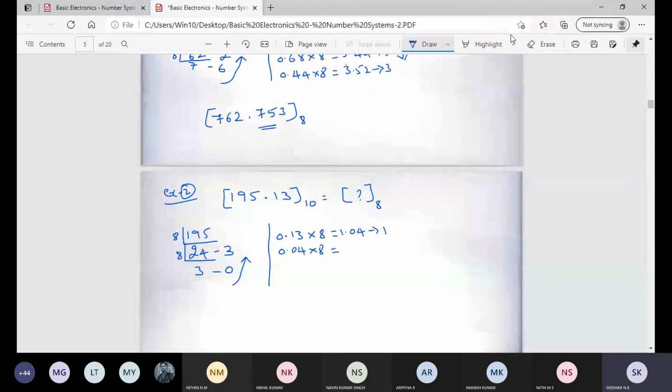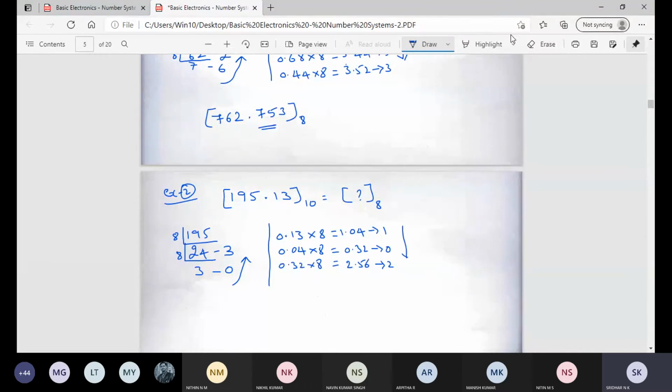Then 0.56. You stop there. So this we have to note from top to down.